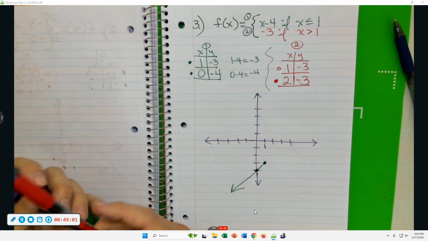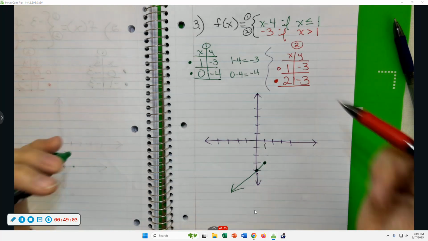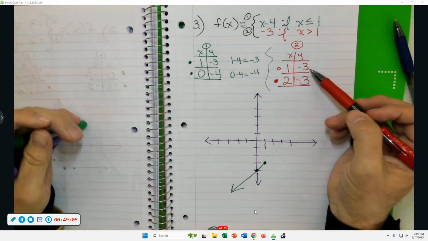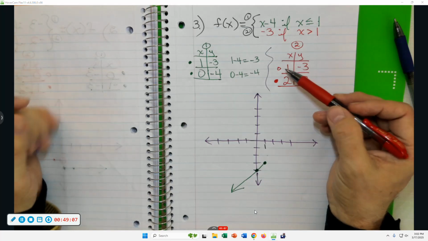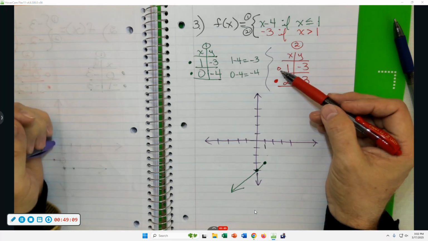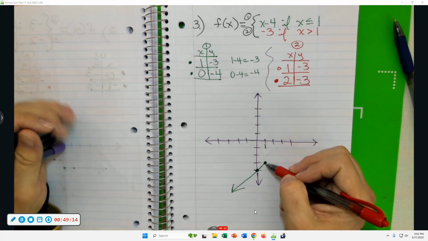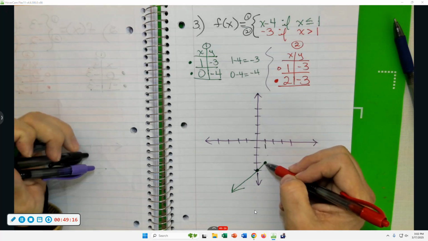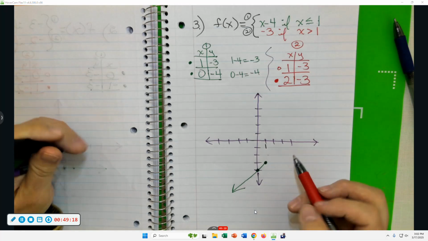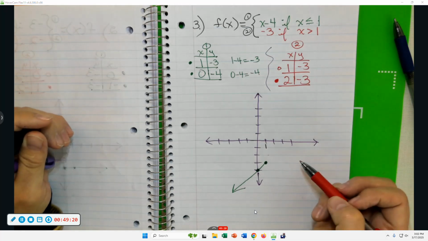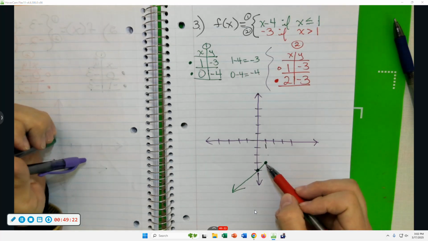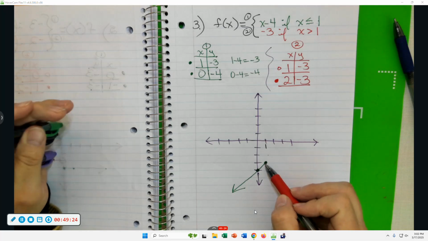Now the right side, the red part. We go to 1, negative 3, expecting to put an open circle. You go right 1, down 3, and what do you discover you have? A closed circle. If you have both an open and a closed circle at the same point, your graph will have a closed dot.